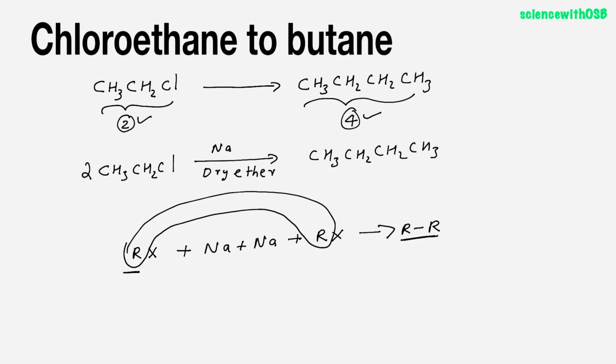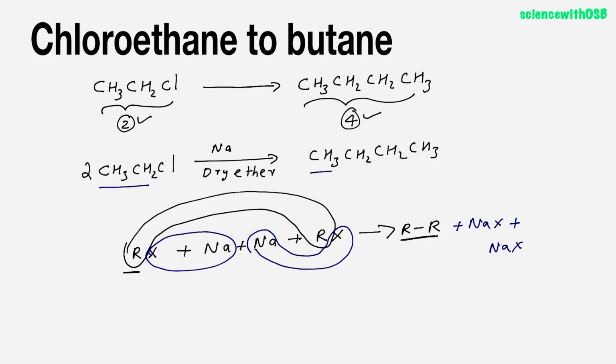Now see this Na and X combine together, right? You will be getting NaX, and this Na and X combine together you will be getting again NaX. So 2 NaX. Understood, right? So CH3 CH2 becomes double. And what is the byproduct? NaCl. For conversion that is not very important, but if you want you can write. You will be getting 2 NaCl.